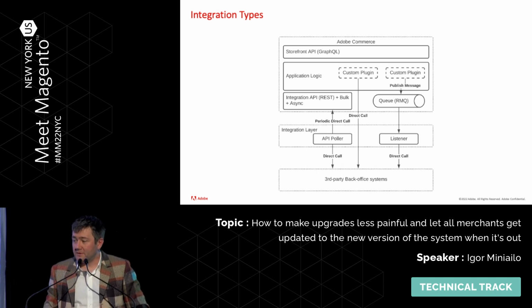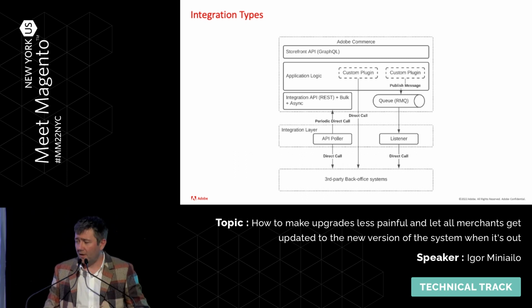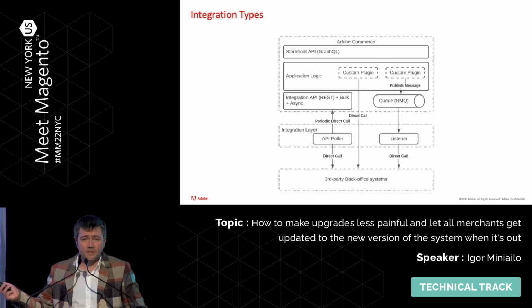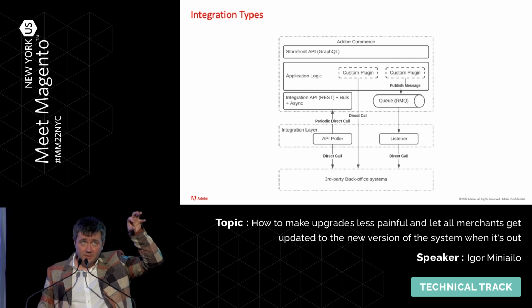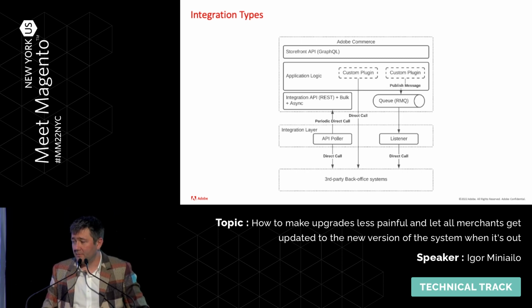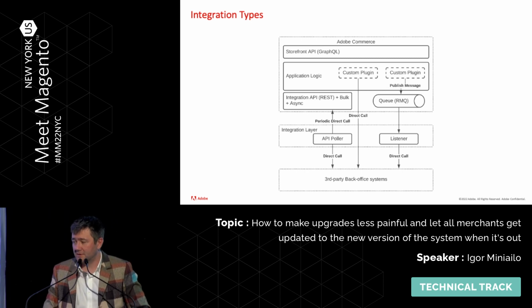So with integrations, we have pretty much the same situation, no matter what type of integration you have. Either an async integration, where you typically have some custom code which tracks a specific business action and then delivers it via a message queue, and eventually this event is delivered to the external system.